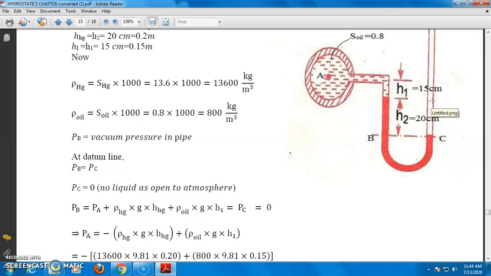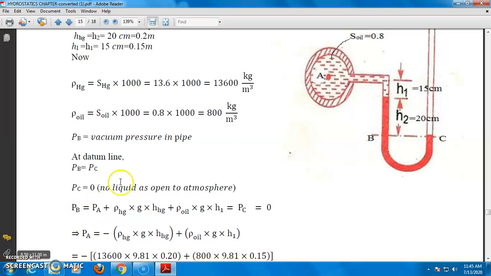There is no liquid in the right limb. So the right limb pressure is equal to atmospheric pressure, that is equal to 0. So here you only have to calculate the pressure from the left side, that is PB.